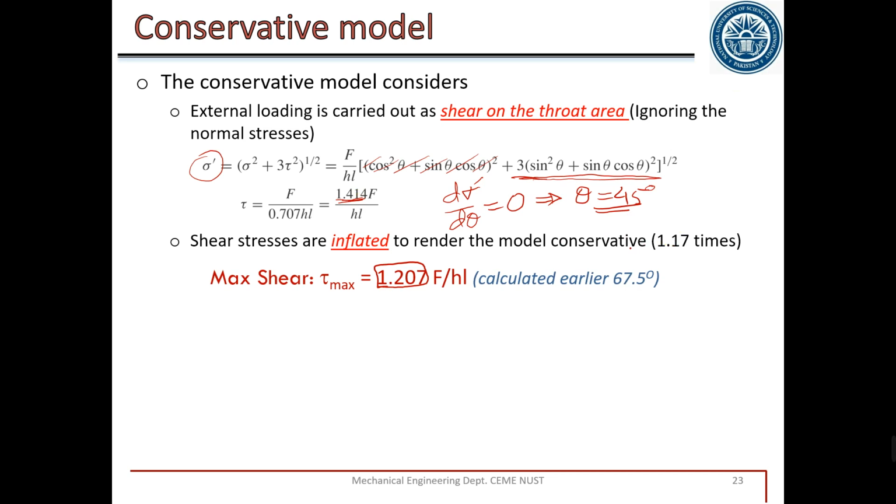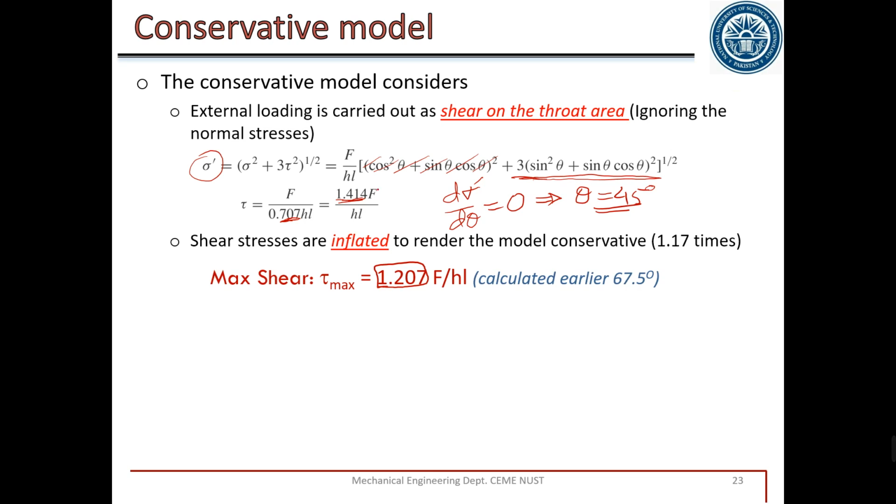From now on, we will just use the maximum value of 1.414, which is 1 over sine or cos of 45 degrees.